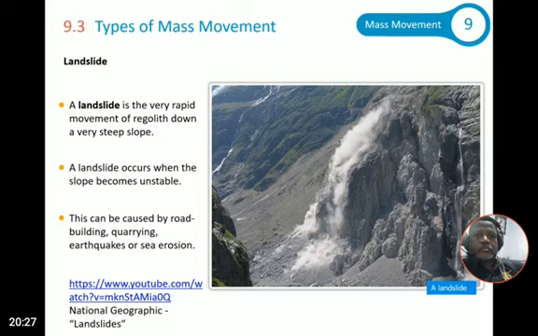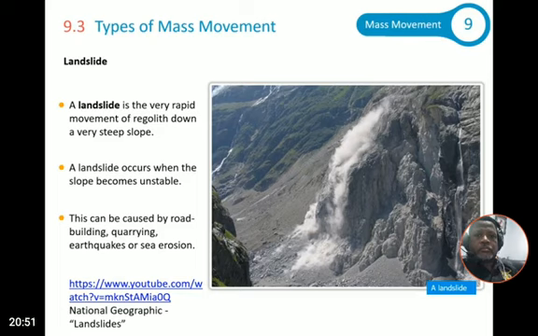Heavy rain can lead to landslides because the soil is now loose. Landslides can cause great harm. Buildings such as houses and churches and schools can be buried by the landslide, and many people can be killed, and roads can be blocked so that rescuers find it difficult to help.